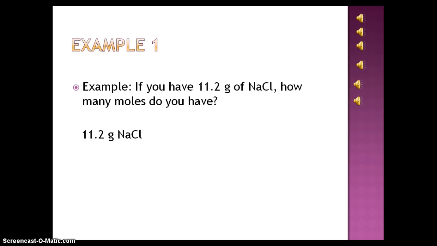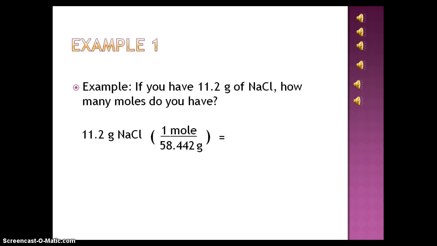Now we set up a conversion factor of what we need over what we have. In this example, we need to convert to moles, but we had grams. Filling in the blanks, we would have 1 mole in our numerator equal to 58.4 grams in our denominator.